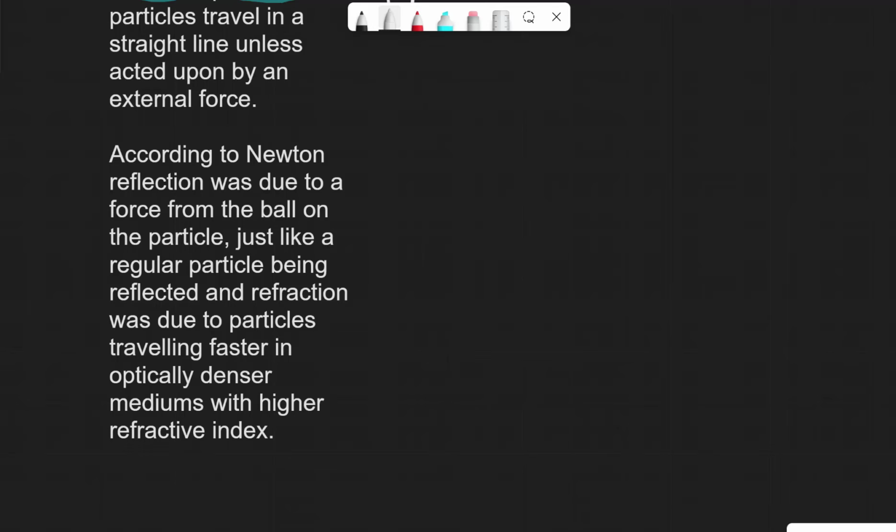So the way Newton explained something such as reflection was due to a force which, upon contact with, let's say, a mirror, would be acting on these corpuscles, and this would act to change their direction of travel, and then this would lead to what we now call reflection.